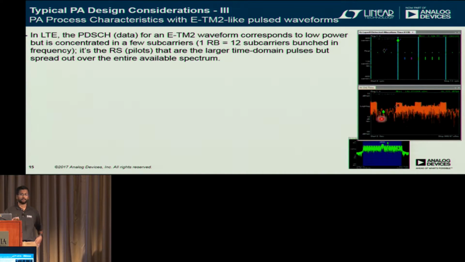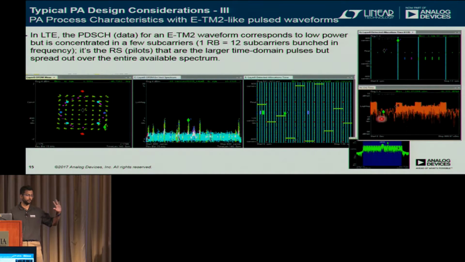So again, all of this pulsing changes the gain and the phase of the PA on a very short time frame. I'm talking the symbol time scale, so microseconds, right? Any DPD solution will struggle to characterize those kinds of effects. So the very prominent effect that you see here, let's say there's 64 QAM data in this frame, you end up with a rotation in the PDSCH symbols, which really screws with your EVM, right?